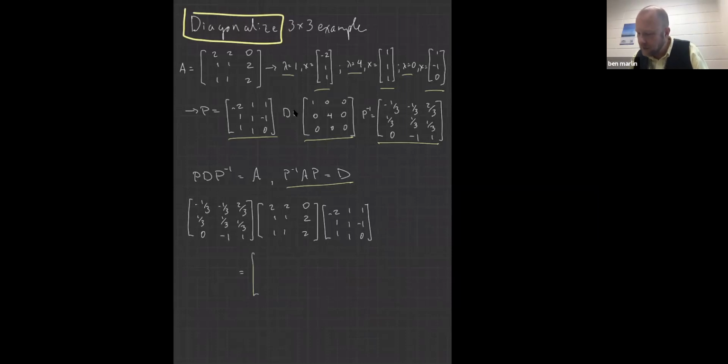So I'm just going to copy down this part in hopes that it gets nicer as we go along. And I'm going to go ahead and multiply these two matrices here. And when I do that, I'm going to take this first row, and I'm going to dot it with each column as we go.